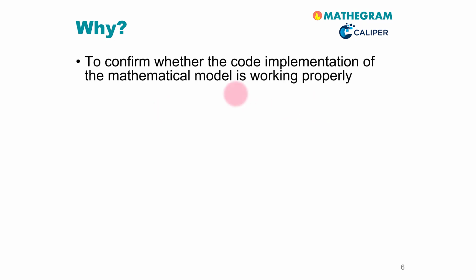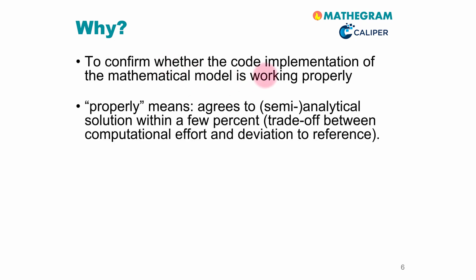Let us now get closer into the topic of verification. Verification is used to confirm whether the code implementation of the mathematical model is working properly. Well, what does properly mean? We understand under verification that the computational result agrees to our semi-analytical or analytical solution within a few percent.